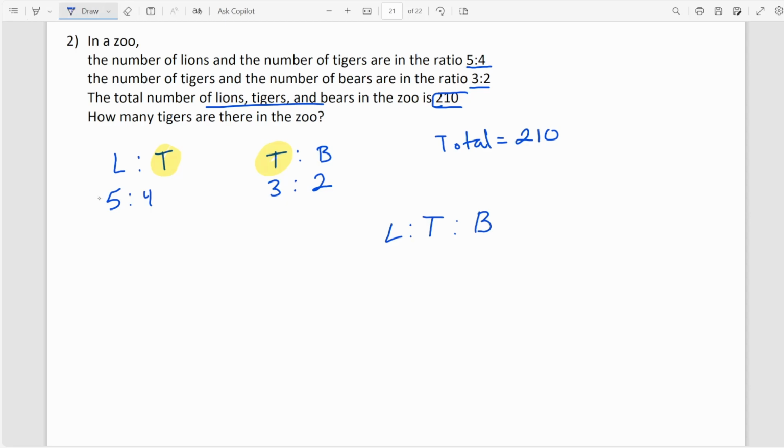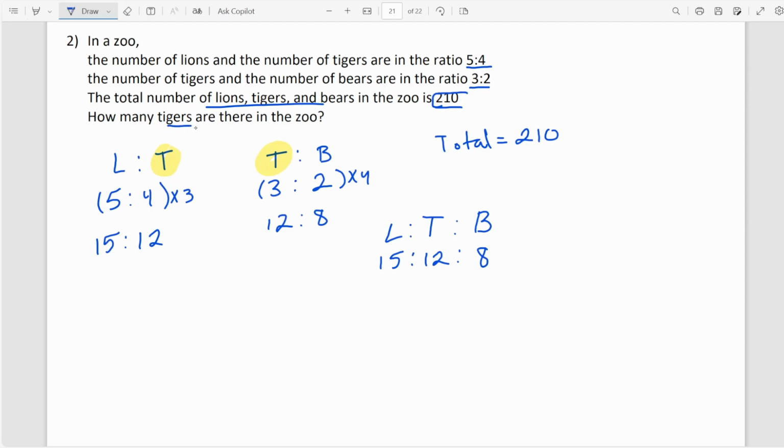So how will I make the same parts for the tigers? I will multiply this by 3 and multiply this over here by 4. On the left, we're going to get 15 and 12. And over here, we're going to get 12 and 8. So my three-way ratio will be 15 parts lions, 12 parts tigers, and finally 8 parts bears.